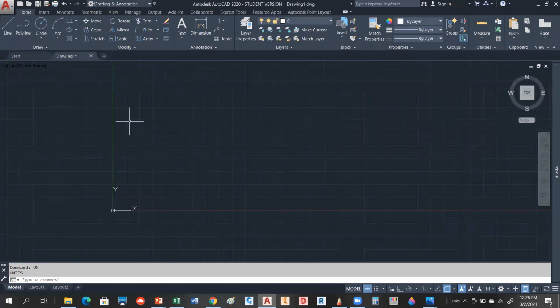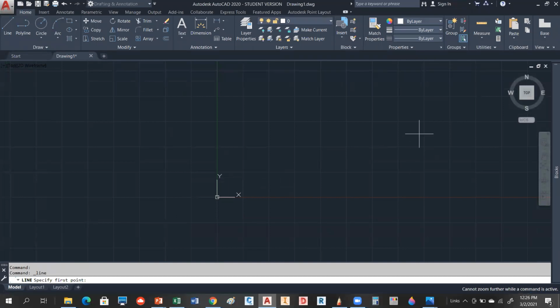Then you would go into your line command. Now, if you have your starting coordinate, you could type that in. I'm just going to pick a point. From this point, I want to travel northwest at whatever distance. You need to remember that you use the at symbol first, because you're saying you're relative to the point you're starting at, which is right there. And it's going to be the distance. I'm just making up the distance.